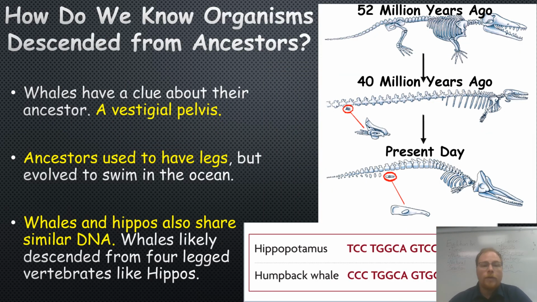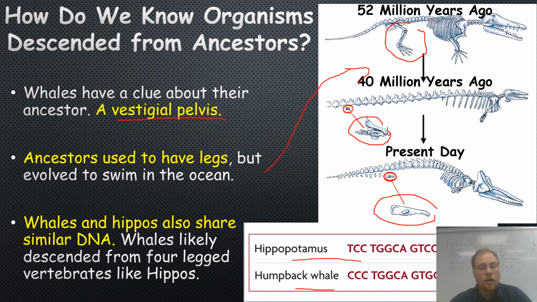So in the case of whales, how do we know that these organisms that we found in the fossil record are descendants of the modern day whale? We've been talking about how the pelvis has eventually shrunk over time from a limb, and that's the vestigial pelvis, saying that ancestors used to have legs. But there's also DNA similarities between hippos and humpback whales.